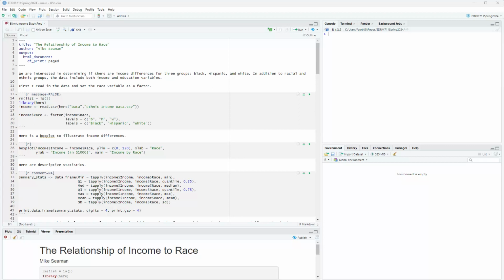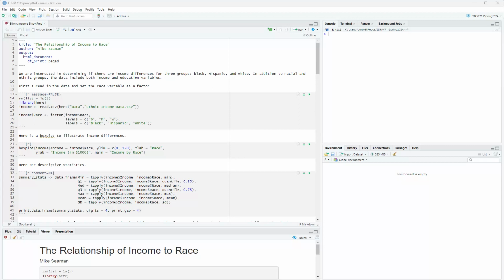Now, in addition to having a grouping variable, a categorical variable with these three different racial/ethnic groups, the data also includes not only our response measure, which is income, but also a potential covariate, and that is education. If you think about it, the amount of education you have probably influences income, and so we may want to consider that in our analysis.